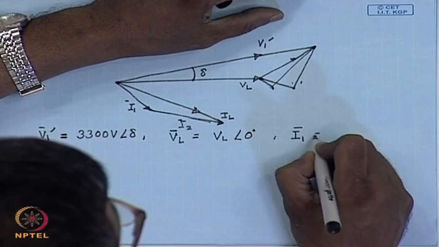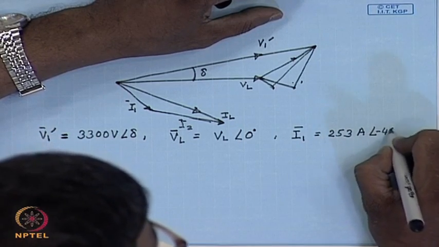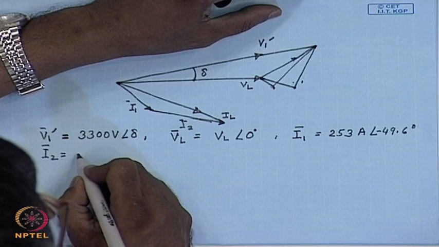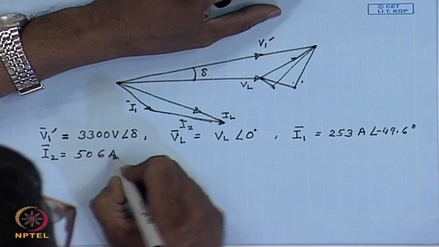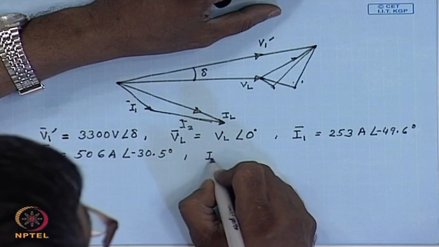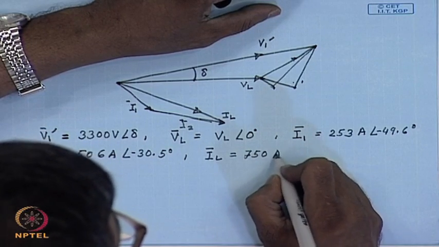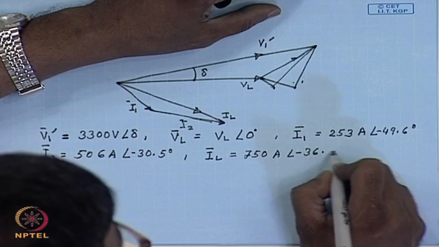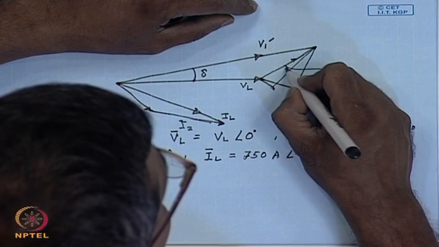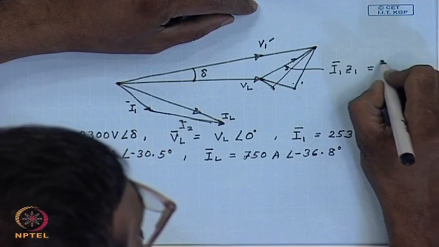I1 equal to 253 amperes angle minus 49.6 degrees, I2 equal to 506 amperes angle minus 30.5 degrees, and IL, their phasor sum, equal to 750 amperes angle minus 36.8 degrees, and this phasor is equal to I1 Z1 equal to I2 Z2.